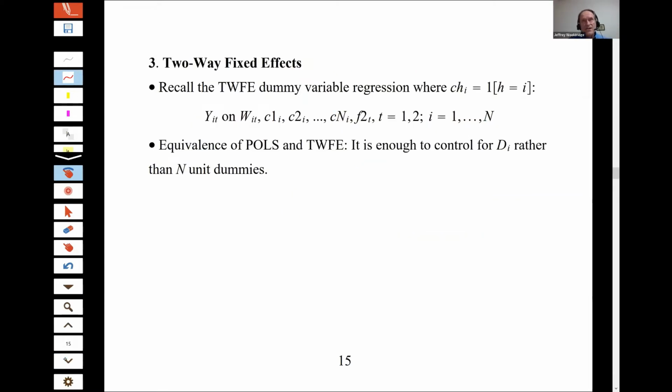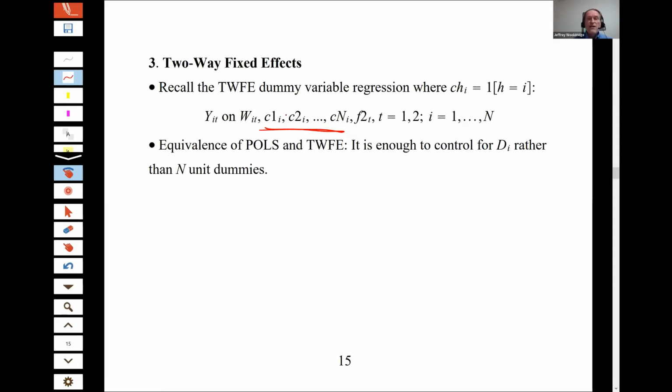Okay, here's a third way of getting exactly the same estimator. And this one is kind of interesting because it shows that controlling for lots of heterogeneity in this setting turns out to be unnecessary. And what I mean by lots of heterogeneity, I mean we're going to put in literally a dummy variable for every cross-sectional unit.